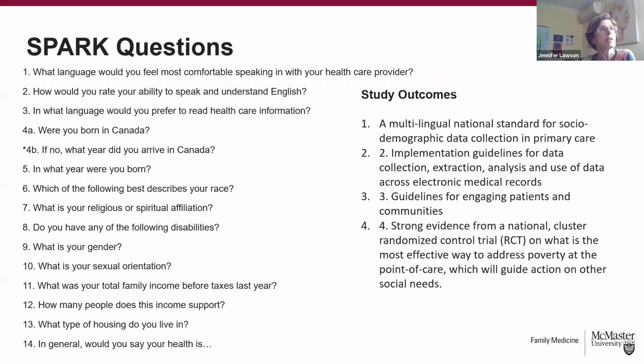The outcomes of this study include a national standard for socio-demographic data collection, implementation guidelines, as well as guidelines for engaging patients and communities in this work. And finally, an RCT that studies the most effective way to address poverty at point of care will be included in their outcomes.